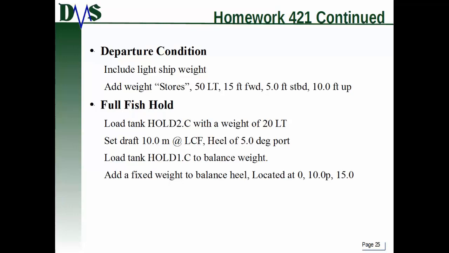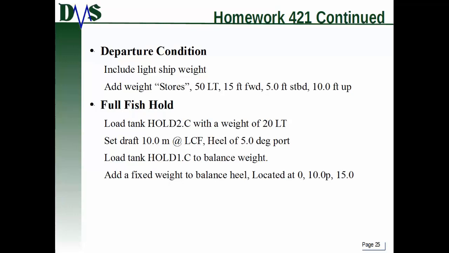You should be able to actually just type in WE for weight, colon, 20 LT. Or don't include the LT, just 20. And GHS will work that out. Then I want you to set a draft of your ship at the LCF of 10 meters. I want you to give the ship a heel of 5 degrees to port, and that's going to create an imbalance in weight.